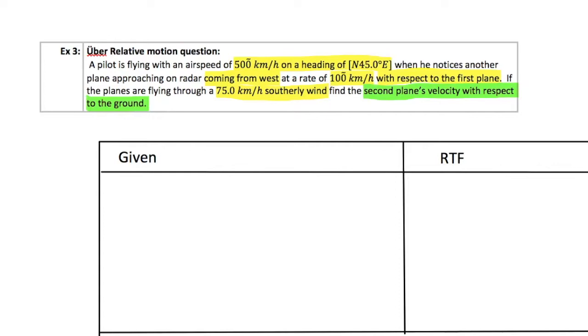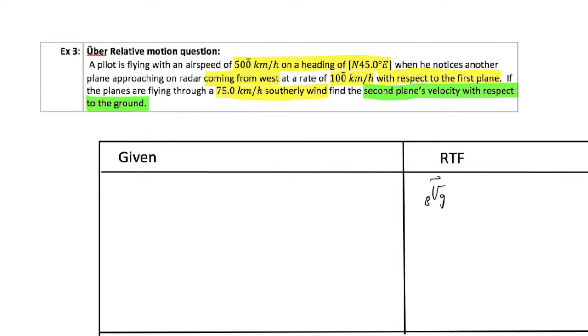So the second plane's velocity with respect to the ground, that would be BVG. The second plane, B, velocity with respect to the ground. Now, one of my issues here is the tendency for me to have my subscripts creep up. They really should stay as subscripts. Okay, so this is what we're looking for, BVG.